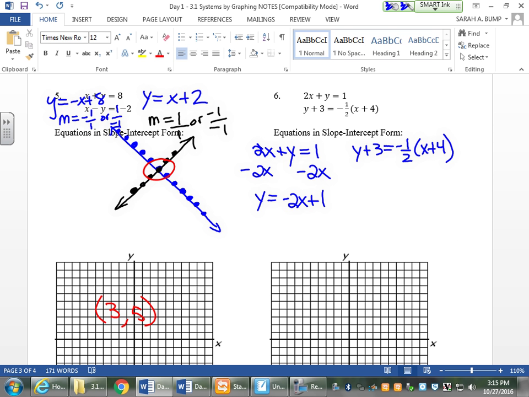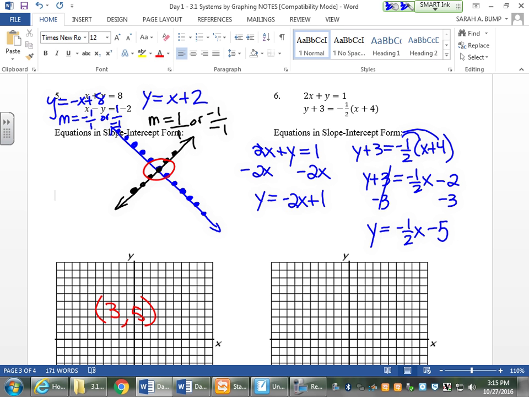Second one's in point-slope form, so we're going to have to distribute. You get negative 1/2 x, and then when you distribute a half, you're taking half of 4. Half of 4 is 2, but a negative times a positive is a negative 2. Then we are subtracting the 3, and we will get negative 1/2 x minus 5.